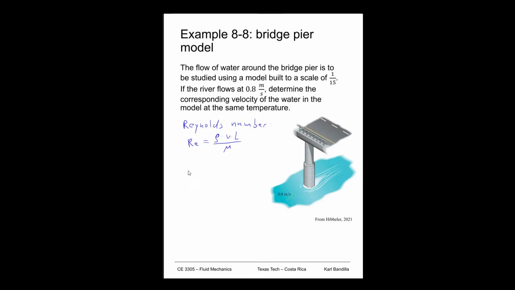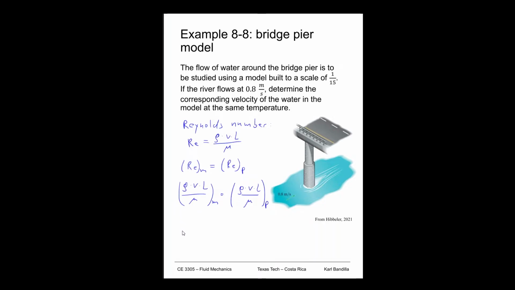And our prototype and our model have to be the same, so we can say Re model is equal to Re prototype. That means now density times velocity times length over mu, all of that for our model, equal to rho times V times L over mu for our prototype.